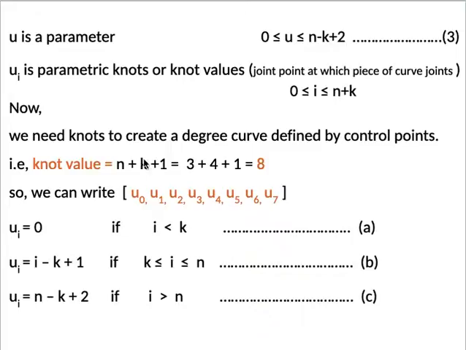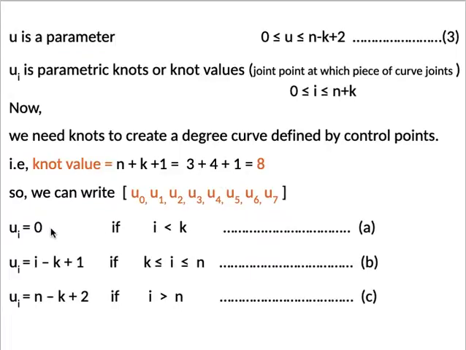It changes as per the k value. If we take k value 4, we get 8 knot values. So how do we find the knot values? That is u0, u1, u2, u3, u4, u5, u6, u7, which are the 8 knots we got.